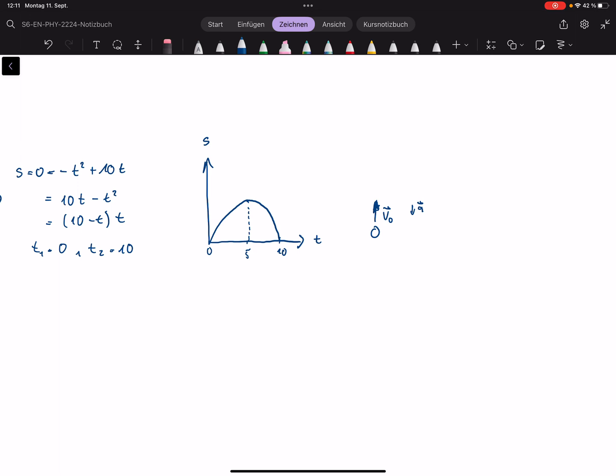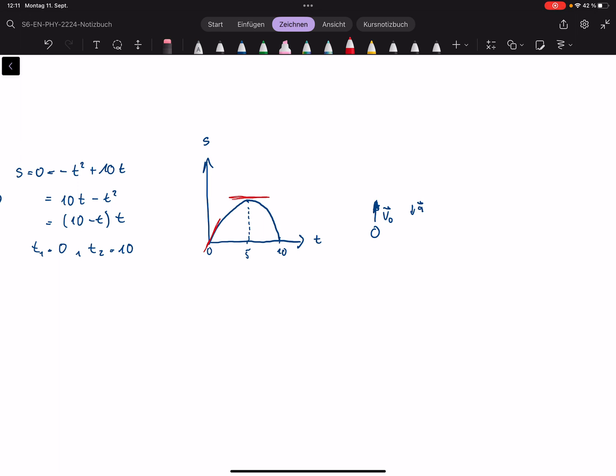And we can see here that the gradient is the greatest in the diagram. So the gradient here is 10, and the speed is the highest. Here we've got something like a turning point. Here the change of distance is 0, so it remains at the same point.